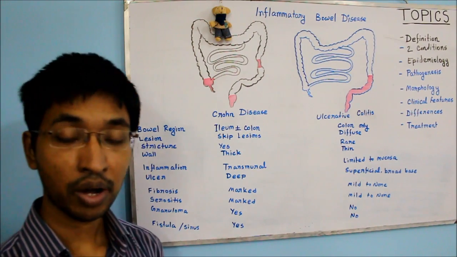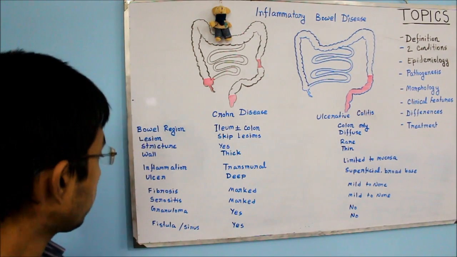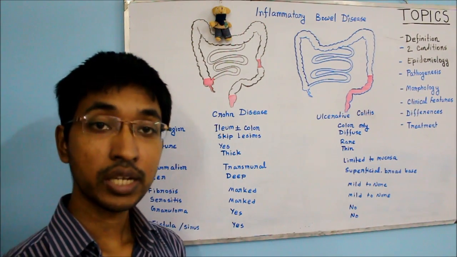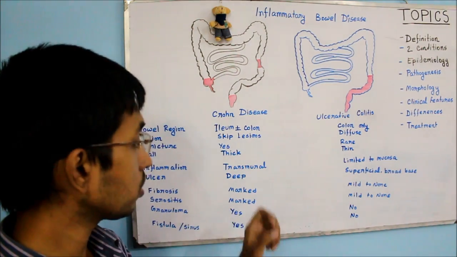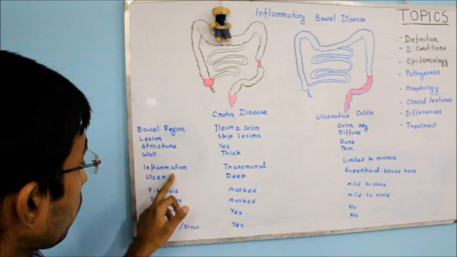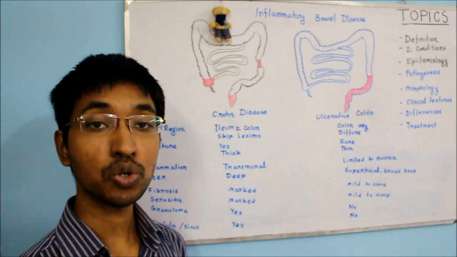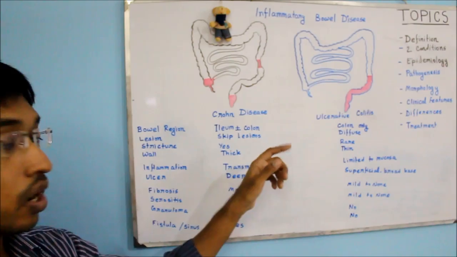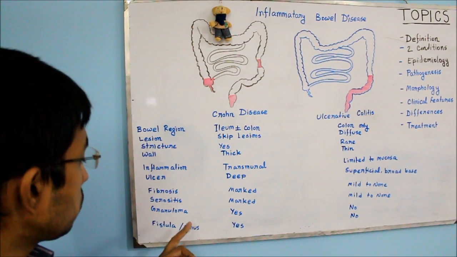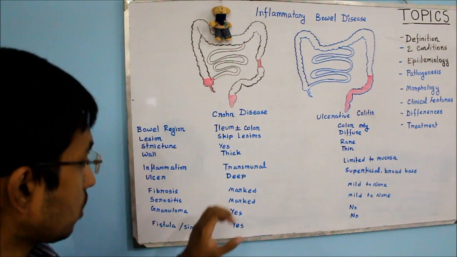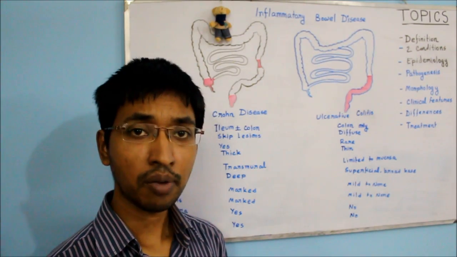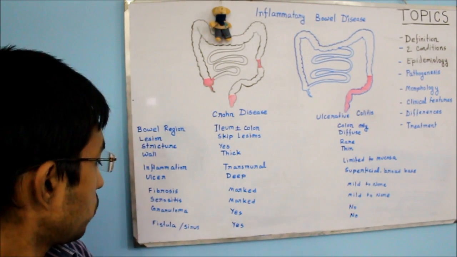Moving on to the microscopic features, we have seen that inflammation involves the entire thickness, or transmural involvement is seen in Crohn's disease, whereas inflammation is limited to the mucosa only in case of ulcerative colitis. And fibrosis, serositis, all these things are marked in Crohn's disease and they are very mild to none in case of ulcerative colitis.